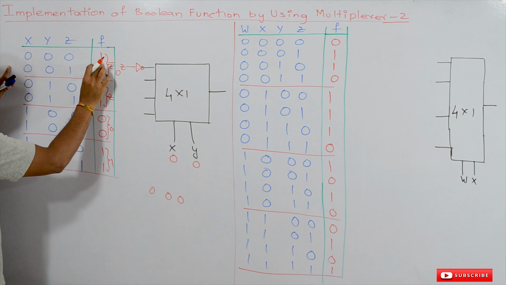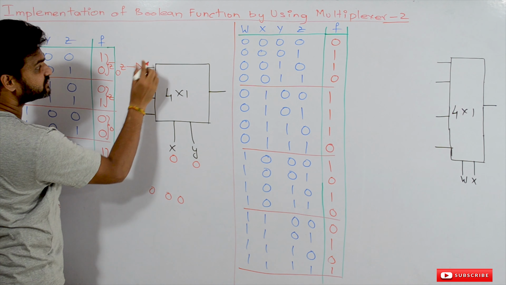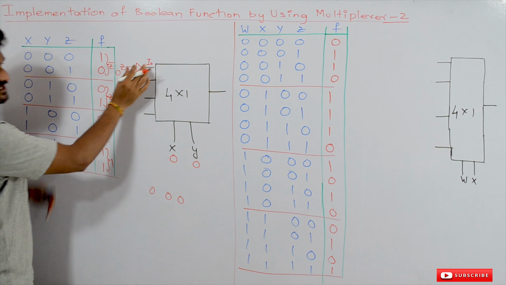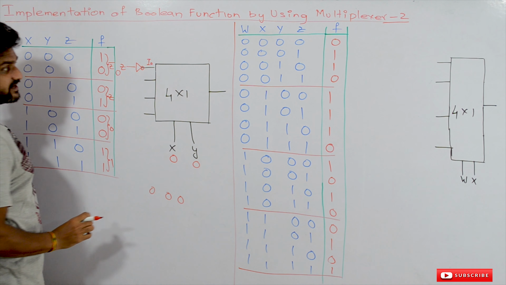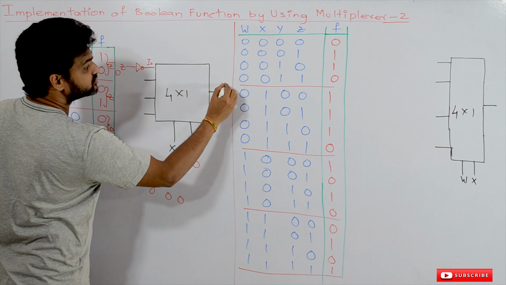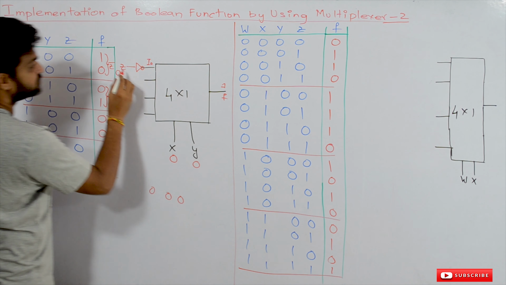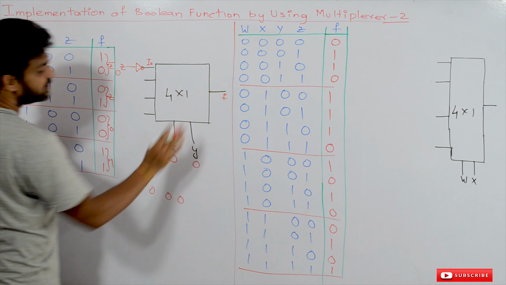It has to produce an output of 1. Here z complement will get produced. 0, 0 means I0 will get selected. That is the function of a multiplexer, right? So I0 will get selected, and z complement will be produced as the output. Z is 0, so the complement of z is 1. 1 will get produced as the output.